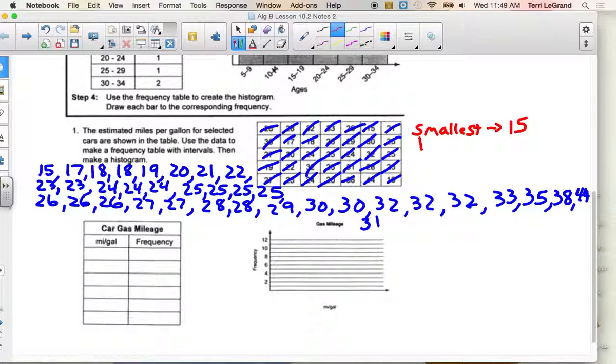And the largest is 44. So we do a subtraction problem to find the range. 44 take away 15. 29. But then we also have to add 1 to that, right? And we get 30.